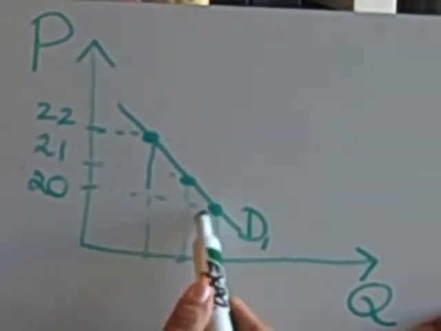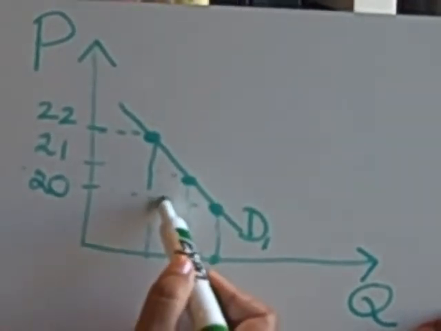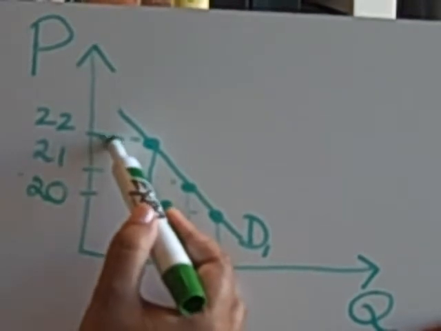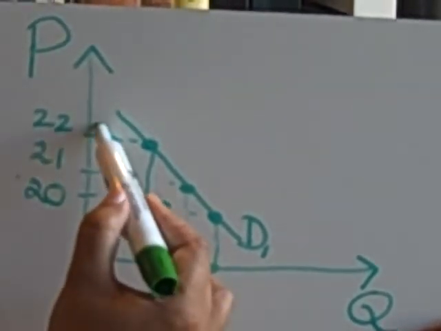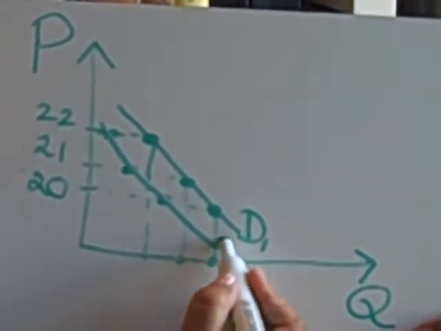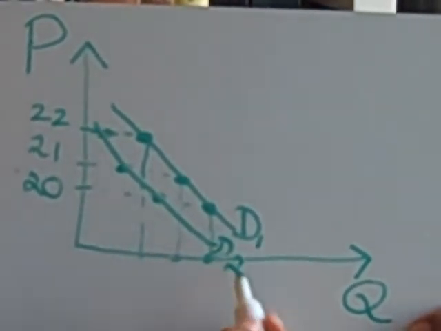You find that actually fewer people are willing to buy at 20,000 than you had last year. Fewer people at the 21,000 price point, and even fewer people at the 22,000 price point. And when I join these points, I get the demand curve D2.